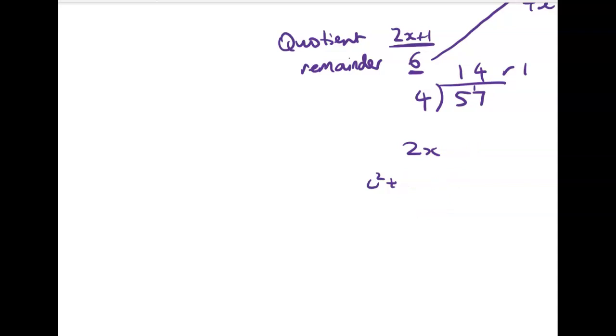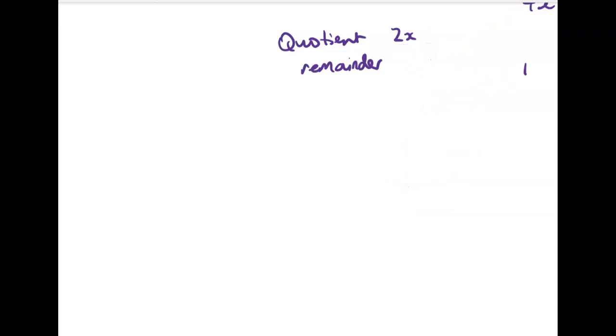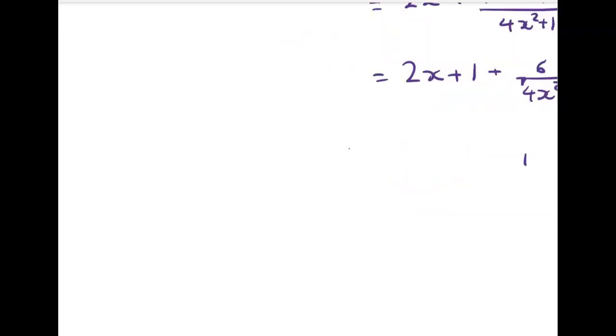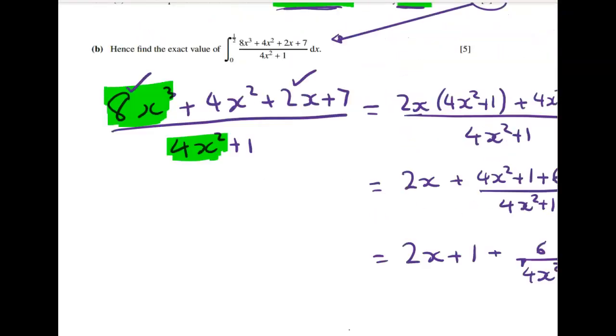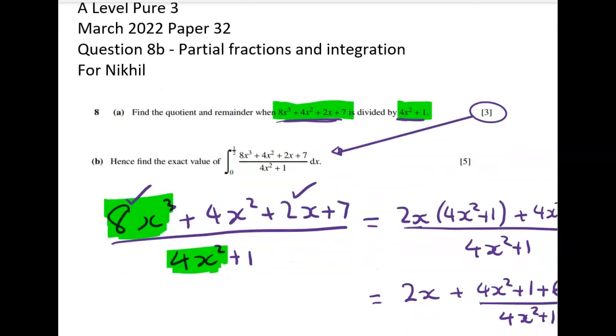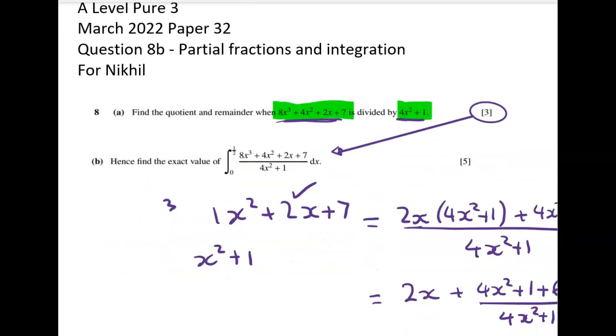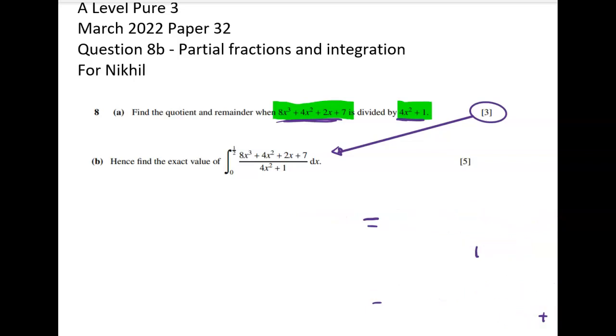Nikhil and Oscar, I think you probably can already see where the mysterious 3 is coming in. I think probably when you did this in class you didn't end up getting a 6. So for part 2, what we've got to do is to use that work that we've done to find the exact value of this integral. So I'll just give myself a bit of room. Okay, let's start again.